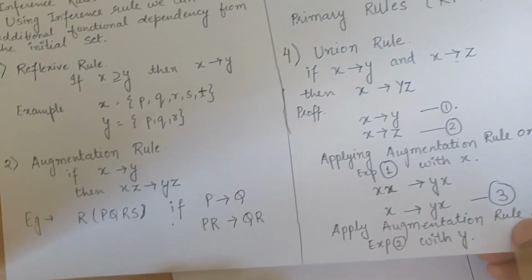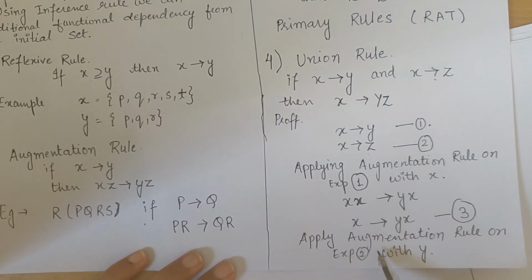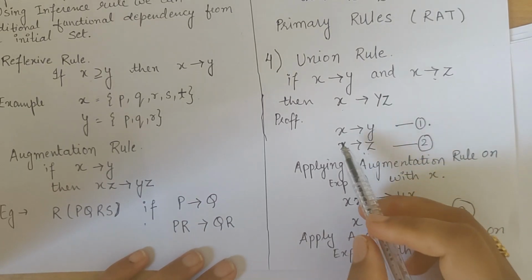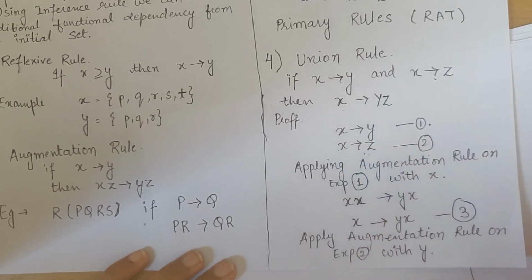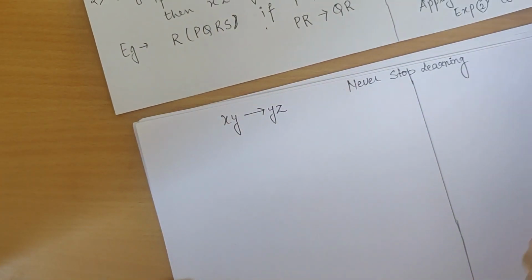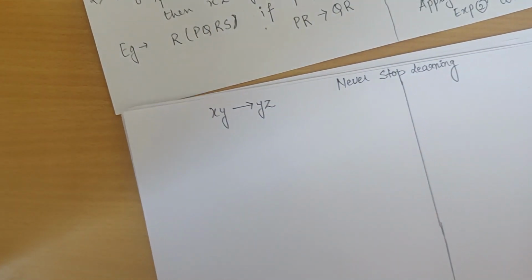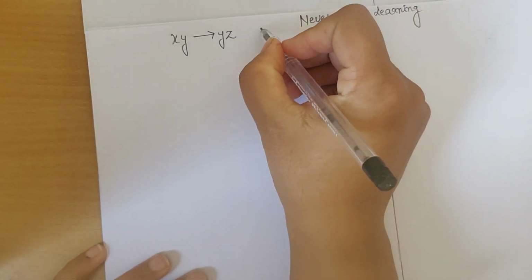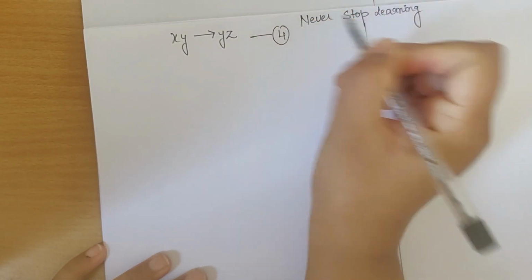I am applying augmentation on the second one with respect to y, so xy determines yz. Fine. Now this we denote as the fourth expression.